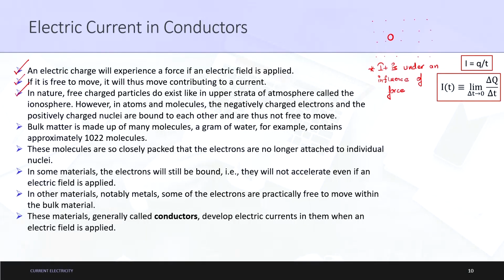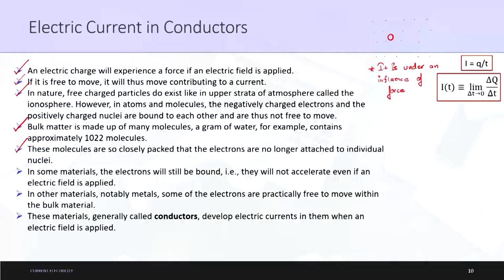Bulk matter is made up of many molecules. For example, a gram of water contains approximately 10 to the power 22 molecules. These molecules are so closely packed that the electrons are no longer attached to individual nuclei. In chemistry, we understand different models such as the Bohr model, in which the protons and neutrons are in the nucleus and the electrons are moving around.